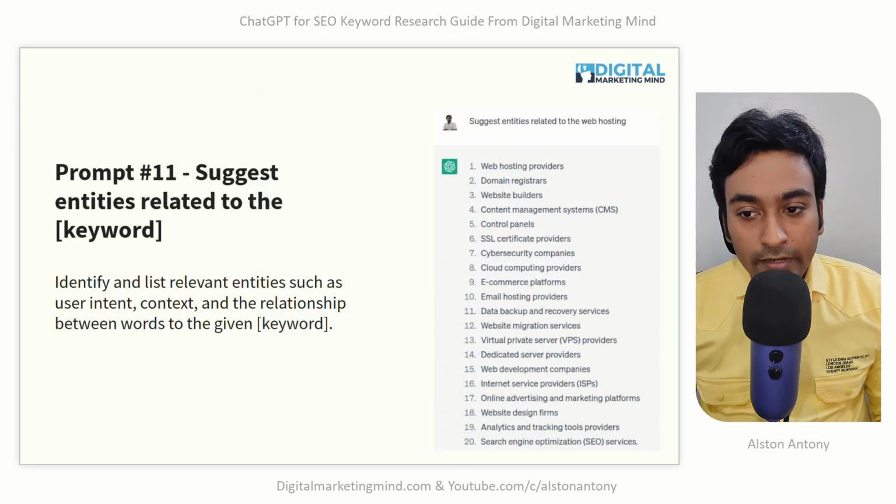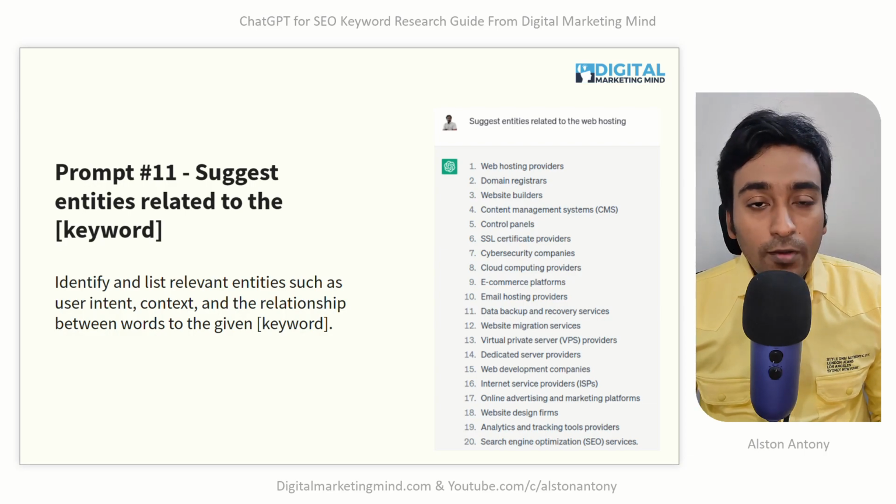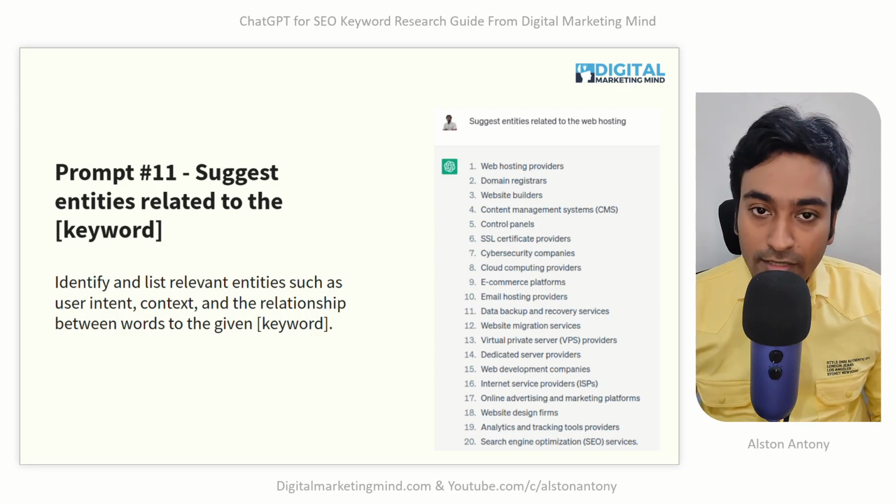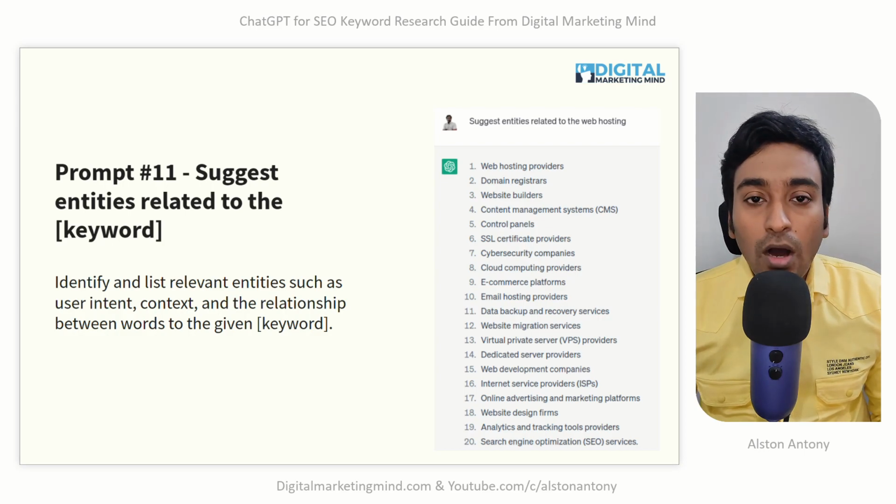The prompt 11 is suggest entities related to keyword. This is also very closely related to LSI keywords which I mentioned, but here what it is doing is, it is an advanced process mechanism to optimize your content, where when you mention and link entities and cover entities within your content, you are increasing your chances of topical authority for your content.